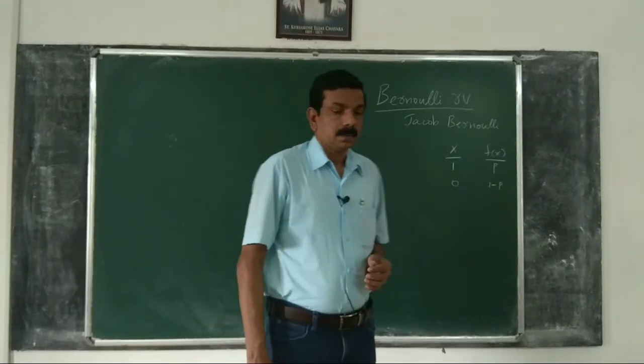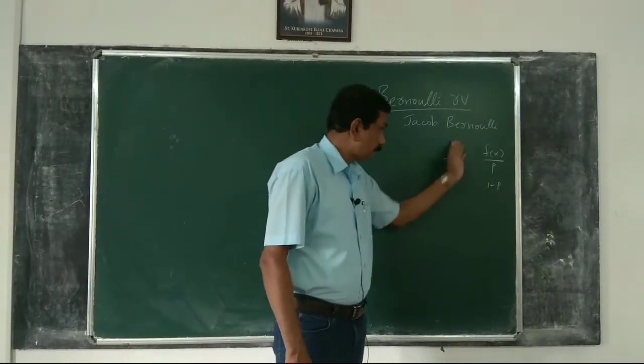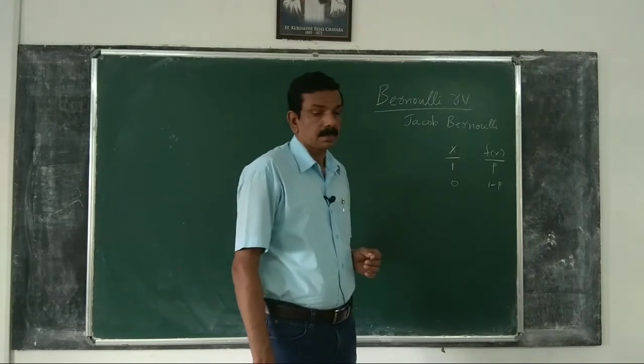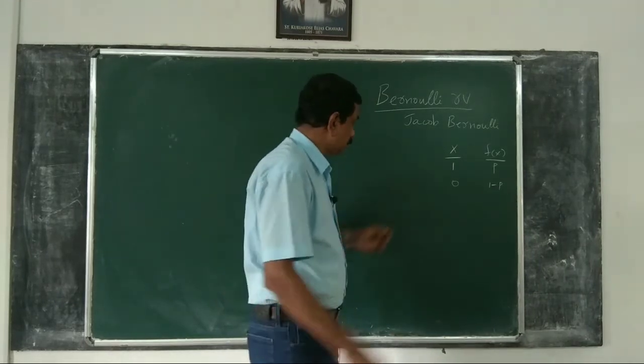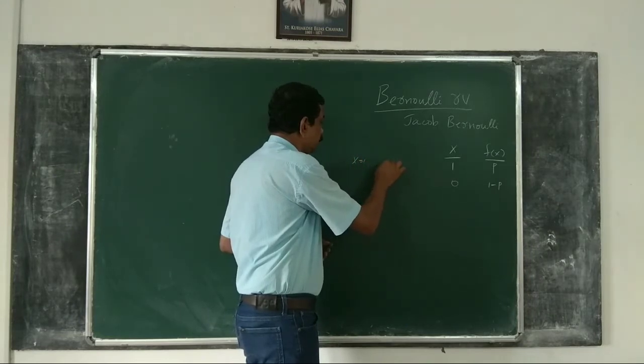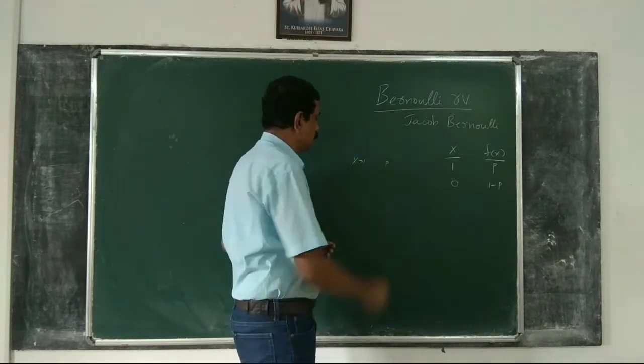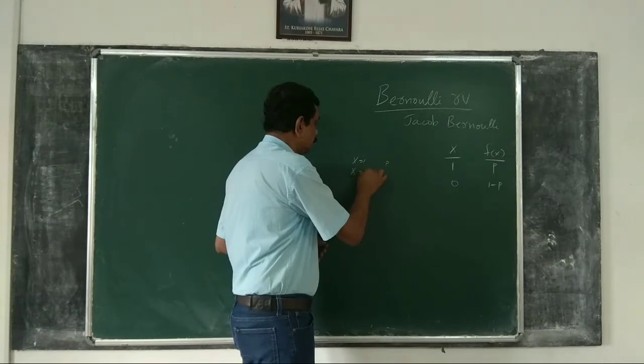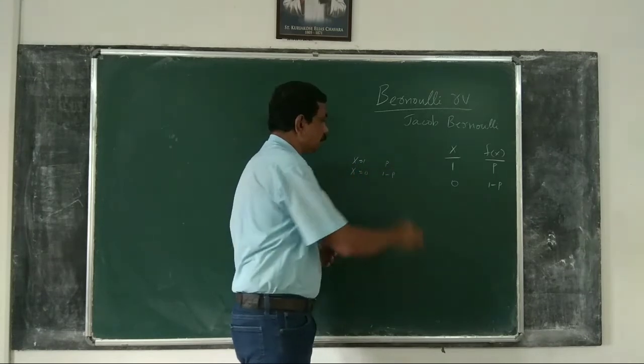That is, x is equal to 1 with the probability p, and x is equal to 0 with the probability 1 minus p.